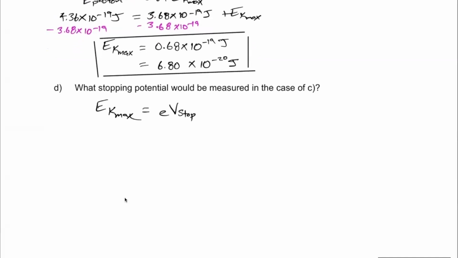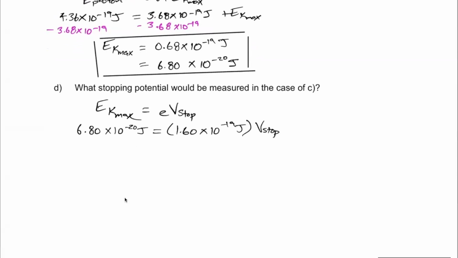We know EK max, it is 6.80 times 10 to the negative 20 joules is equal to 1.60 times 10 to the negative 19 joules times V stop.